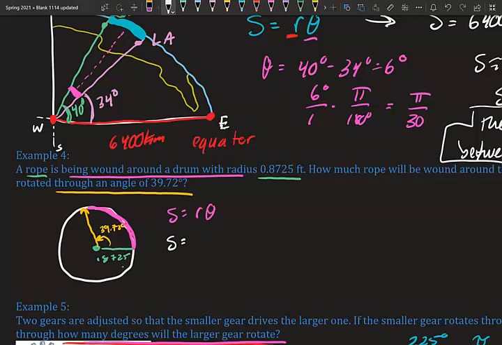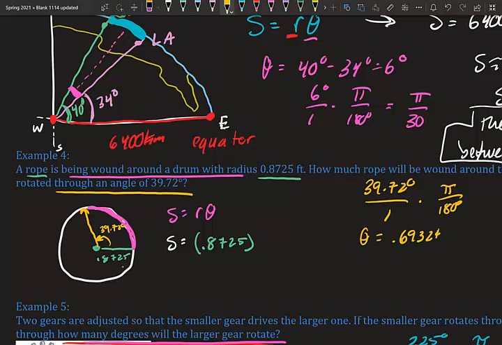So we have S equals our radius, which is 0.8725, times theta. Now, theta has to be in radians, so let's convert it. We have 39.72 degrees over 1 times pi over 180. And we get our theta is 0.6932447789.